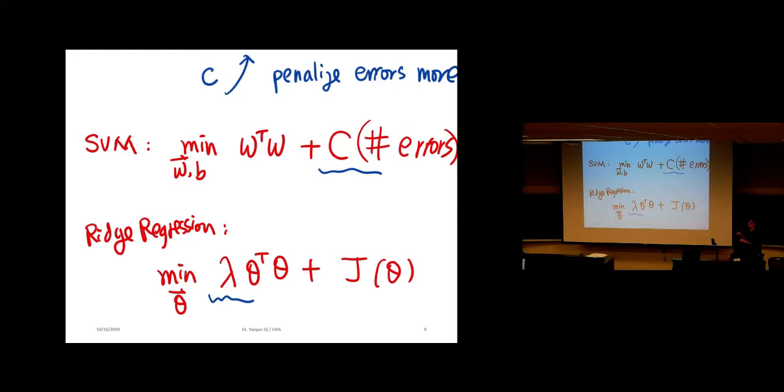So they're the same formulation, but this time I put the weighting hyperparameter before the error term. And this is exactly the hyperparameter you're going to tune using cross-validation in the homework. For SVM, the most important hyperparameter to tune is the C parameter.